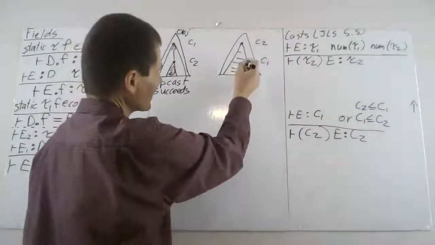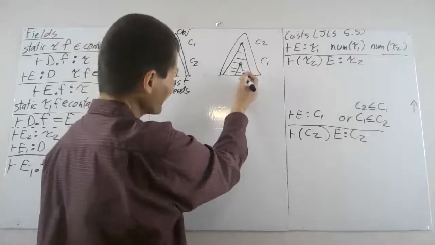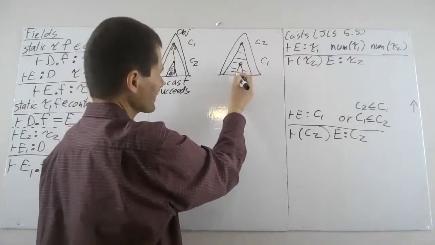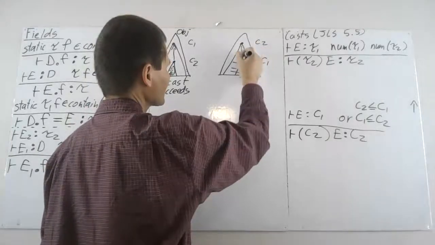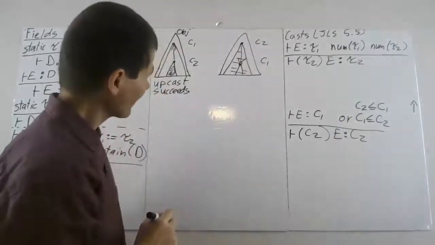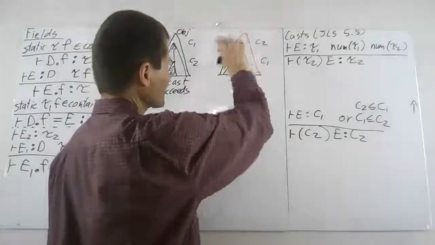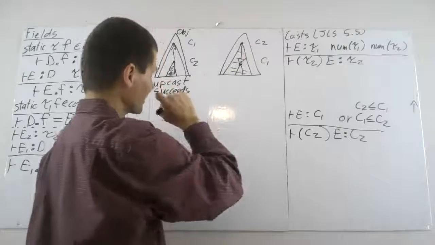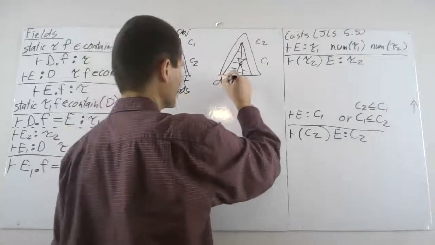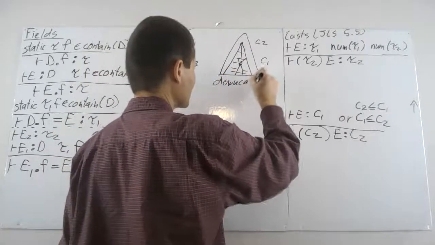I know that my actual type is in this little triangle down here. So it's a downcast, even though the best thing that the type system could prove is that the actual type is in the big triangle.